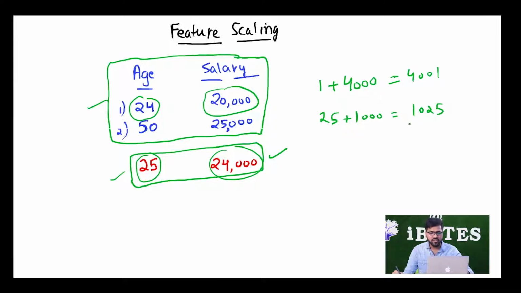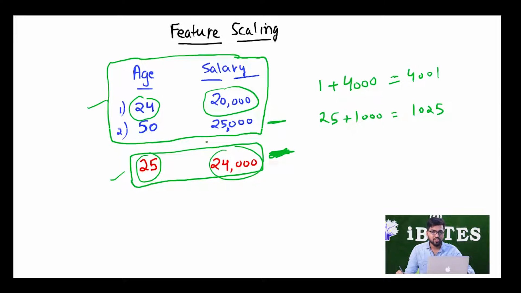So the machine would say that the difference between this point and the second point is less compared to the difference between the first point and the third point. So according to it, this is more similar to the second point. So our machine is going to say that the person with 25 age and 24,000 per month salary is similar to 50 age and 25,000 per month salary.